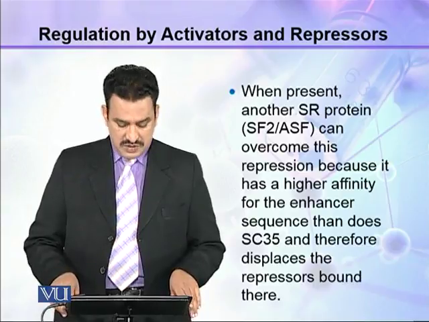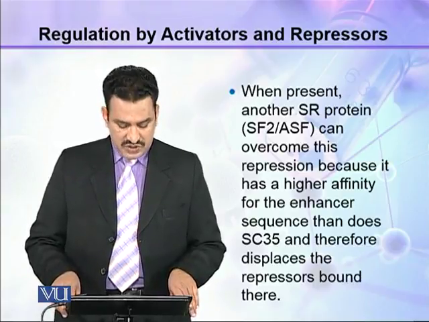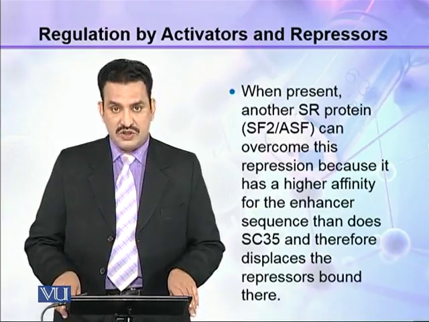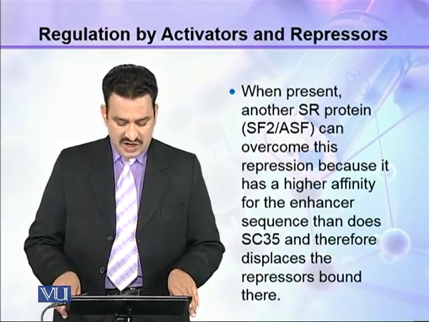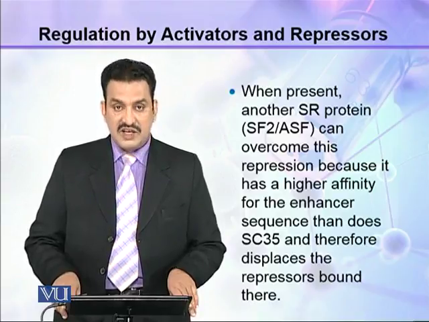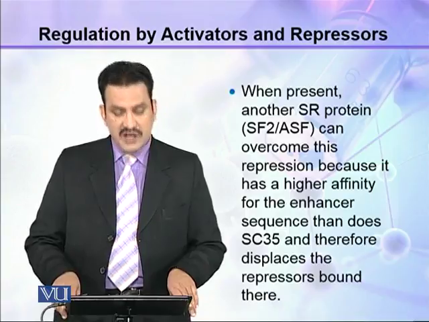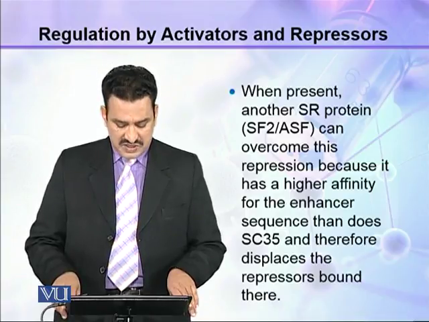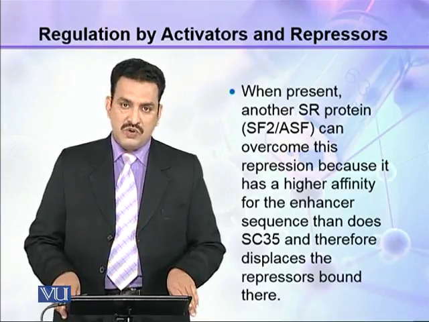When present, another SR protein, SF2/ASF, can overcome this repression because it has a higher affinity for the enhancer sequence than does SC35 and therefore displaces the repressor which is bound there.